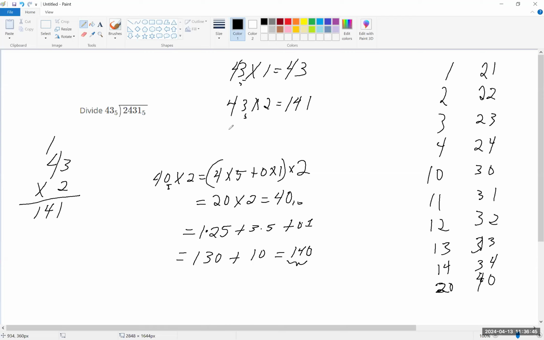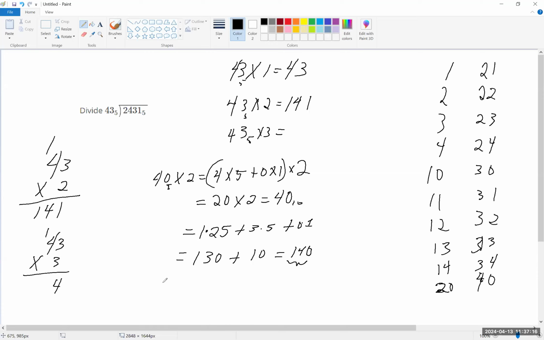I think we only need to go to one more factor. So we're going to do 43 base 5 times 3. 3 times 3 is 9, but 9 is, let's see, 5, 6, 7, 8, 9, is 1, 4.